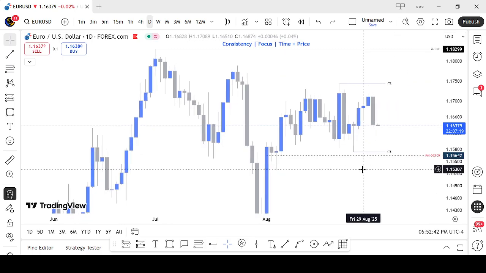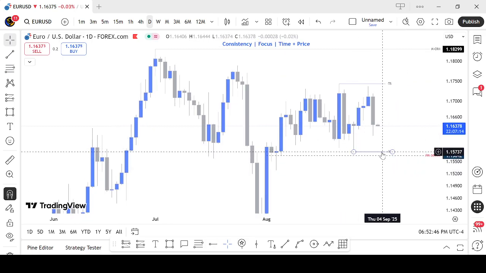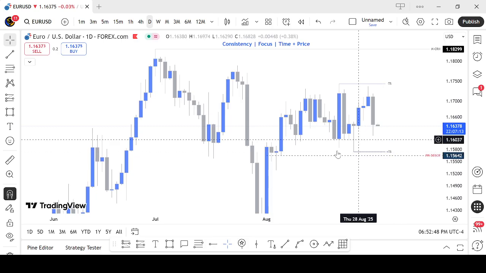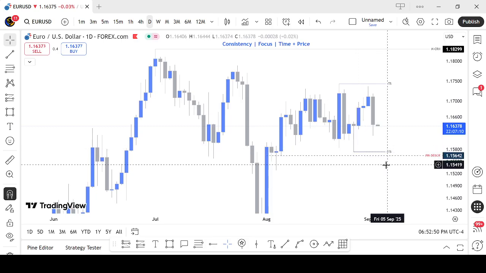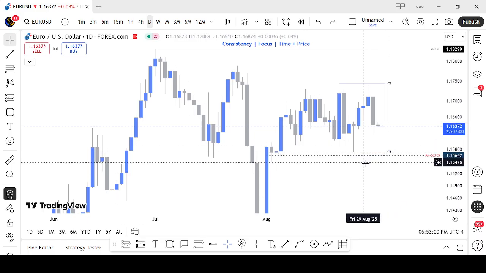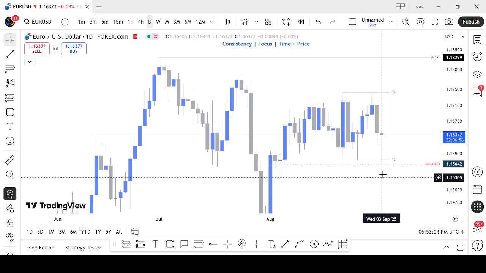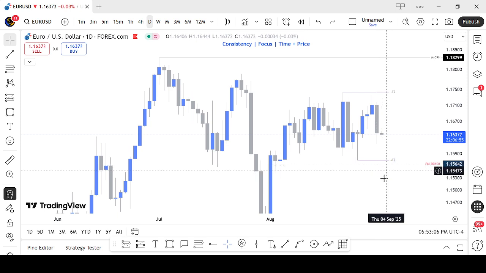I am anticipating deeply that euro might also fall short of this low, but we could also take the low and even price into the monthly 50% candle range, but we should not see the daily candle close below it, which is very important. We should not see the daily candle close below it.